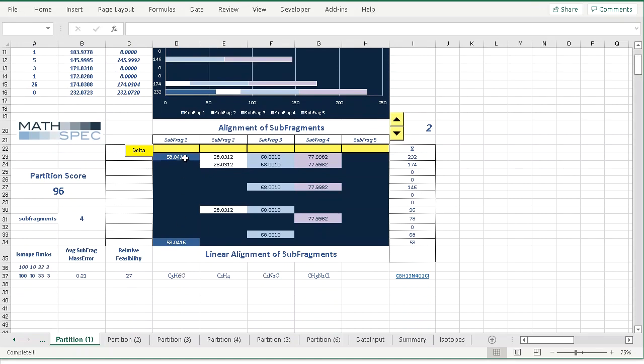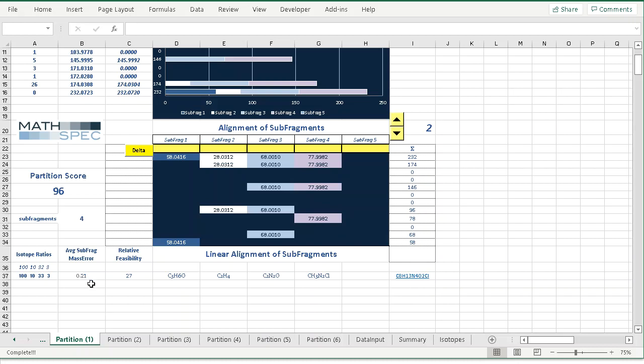the fragment masses, the subfragment masses, have been converted into formulas, combinations of atoms. And we did get the same molecular formula that Huber et al. had reported.